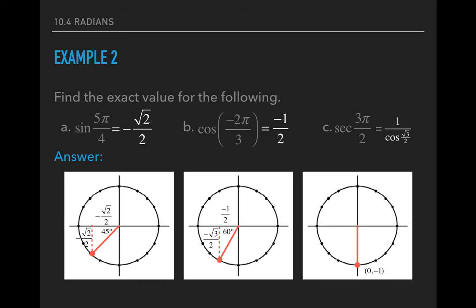Oh, I'm sorry, I shouldn't have put square root of 3 over 2. It's cosine of 3 pi over 2. So cosine is the x value, which in this case is 0. So 1 divided by 0 is undefined. So there is not a value defined for secant of 3 pi over 2. It is undefined.